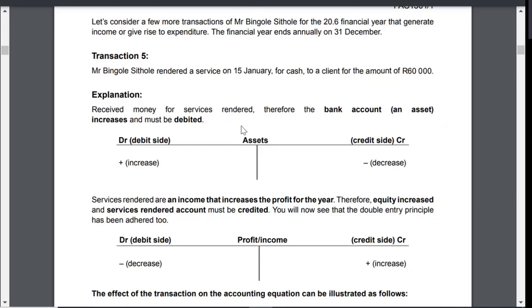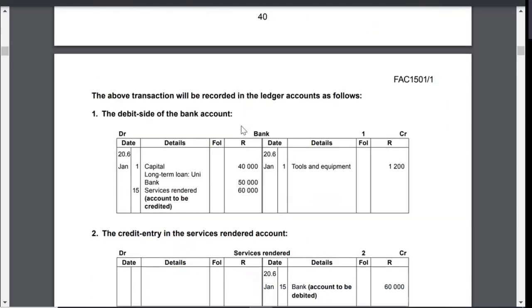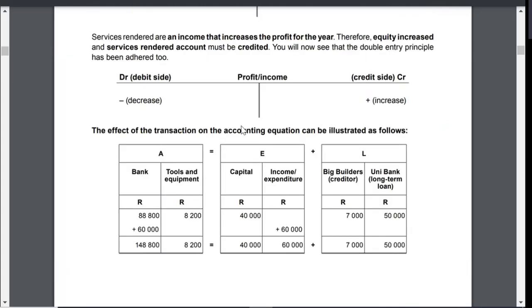Now let's look at how this will affect the accounting equation. Bank increases by 60,000 and equity is increasing by 60,000. Can you see how it affects? Both are increasing. Money is coming into the business bank account, and our income is also increasing.